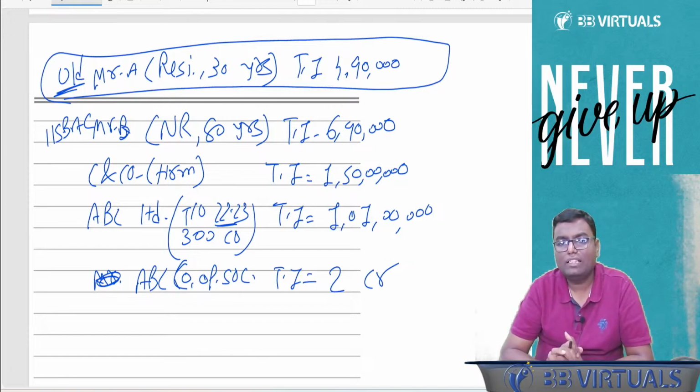Mr. A, resident, 30 years, total income is 4,90,000. Calculate that.